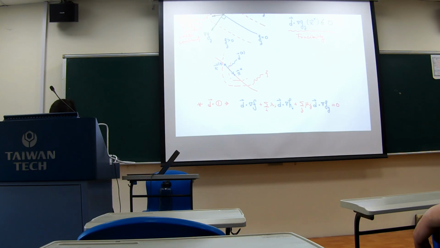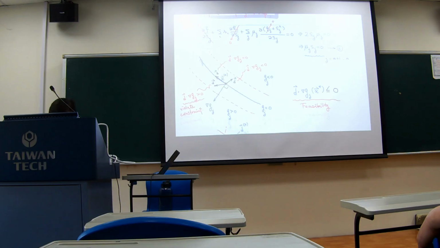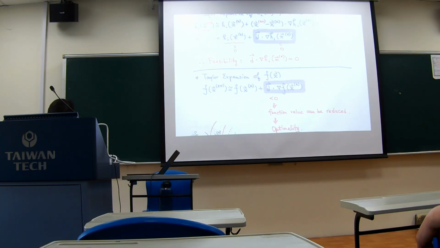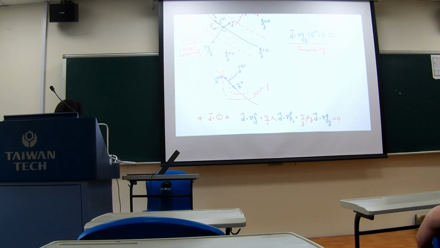So when we are trying to study from xk, the contour here is going to be like this, right?